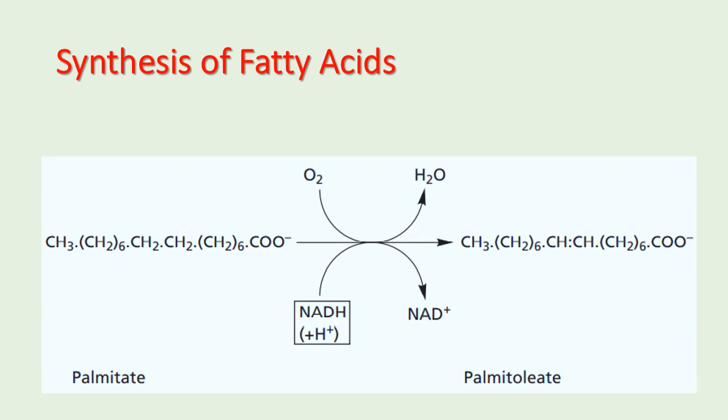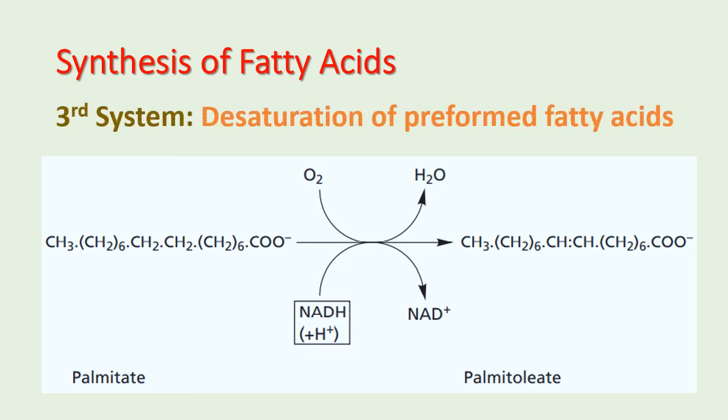So this is the overall reaction of conversion of a saturated 16 carbon palmitic acid into a 16 carbon unsaturated fatty acid, where there is a double bond, that is palmitoleate, and there is a requirement of reducing equivalent NADH. So desaturation of this palmitate occurs, and that results in the formation of palmitoleate.